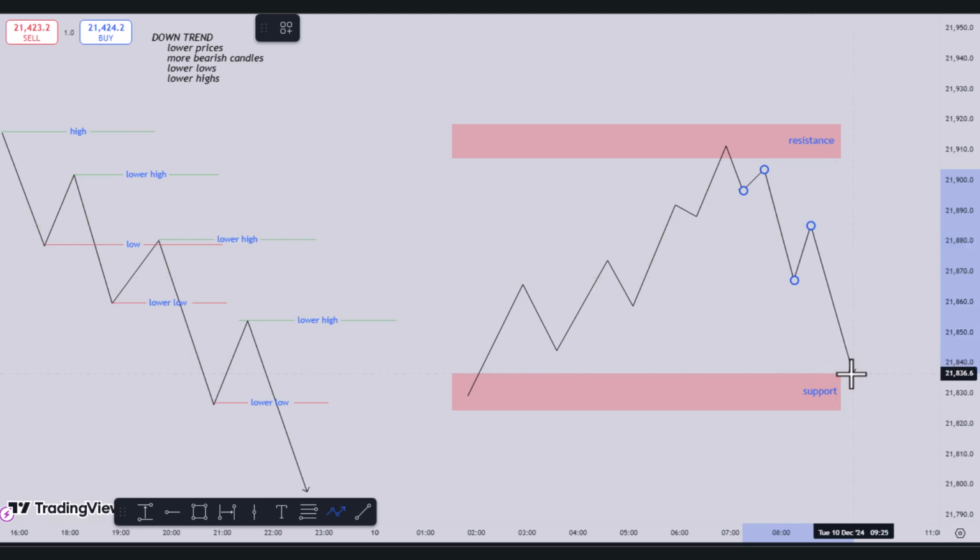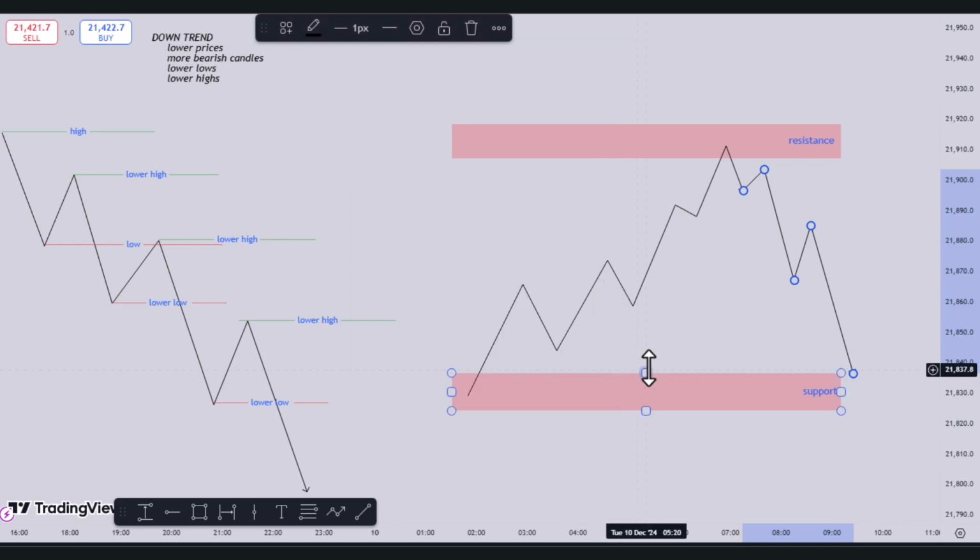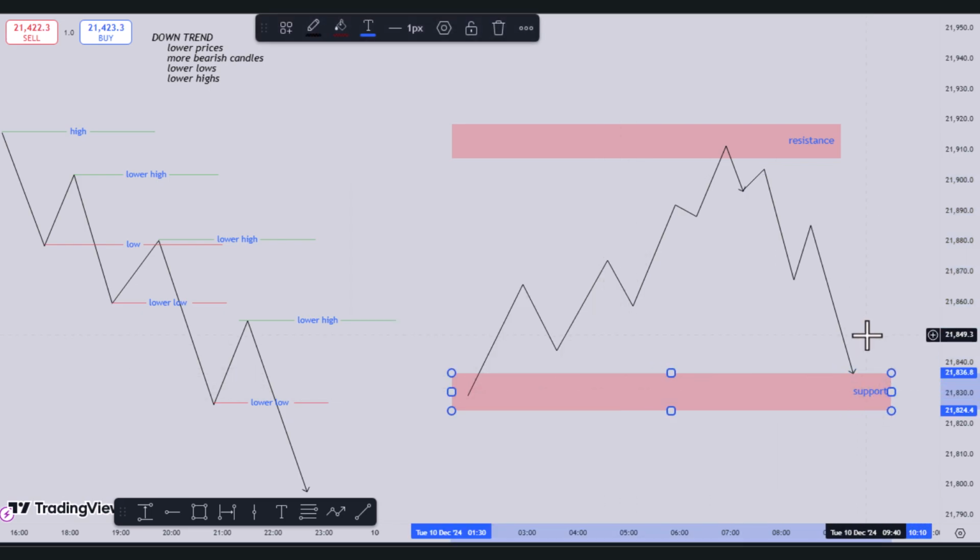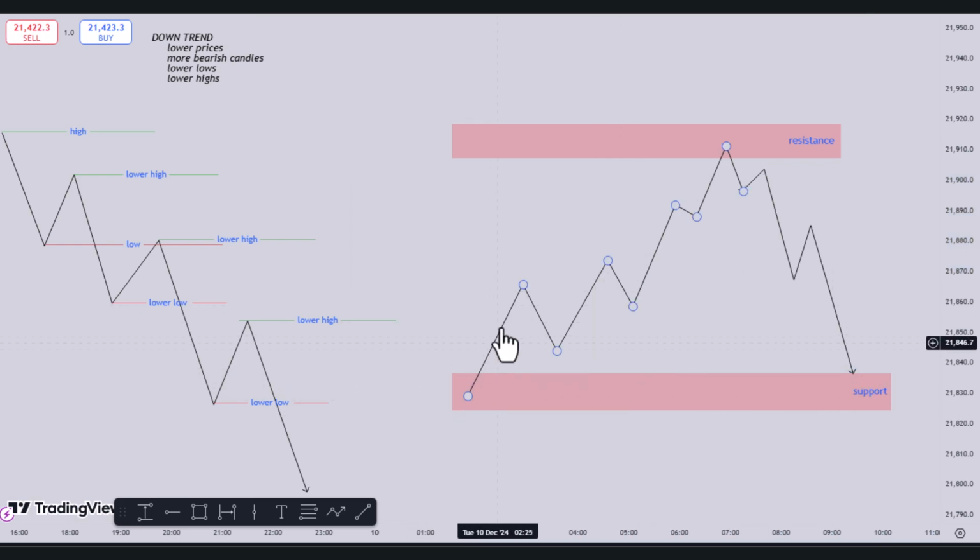So I'm just getting you to understand the two terms, support and resistance. Support is an area where price is expected to return and not exceed in a bearish move, while resistance is an area where price is expected to return and not exceed in a bullish move. Bearishness should not exceed the support level, and bullishness should not exceed the resistance level.